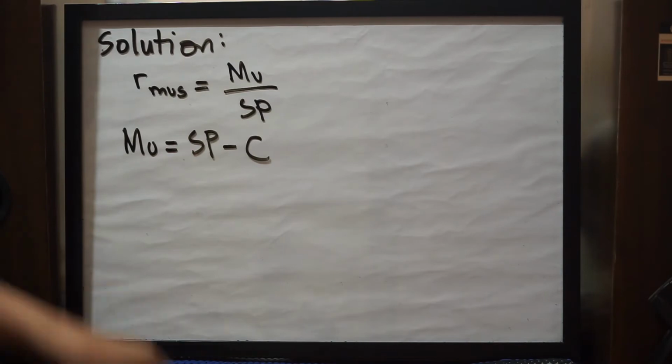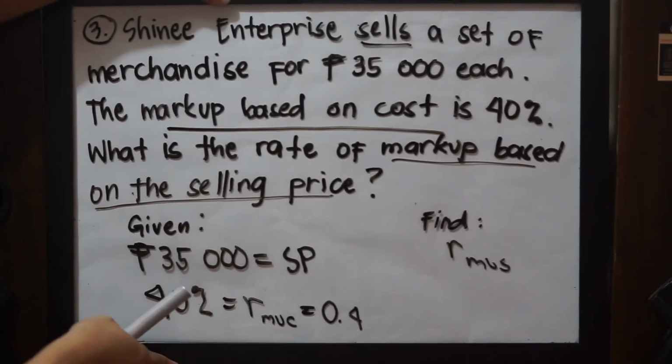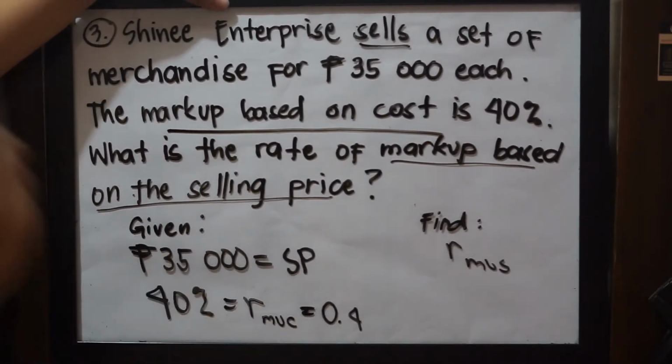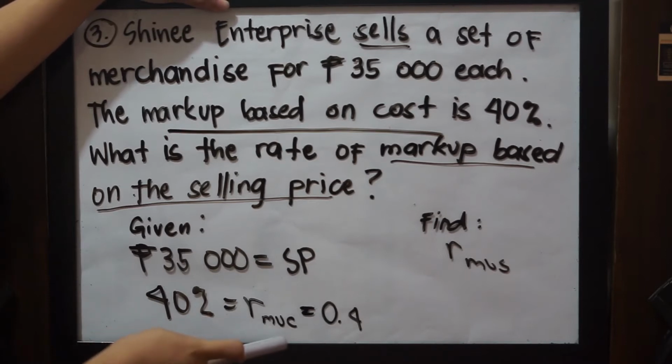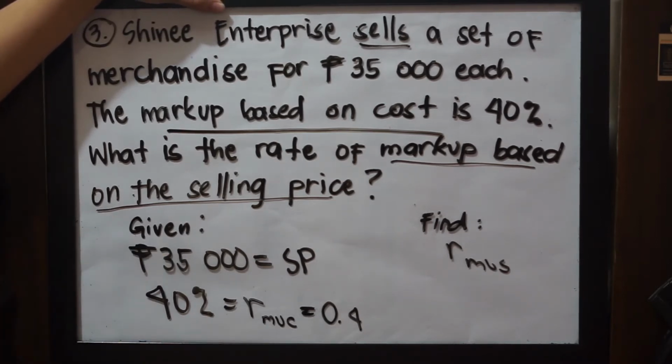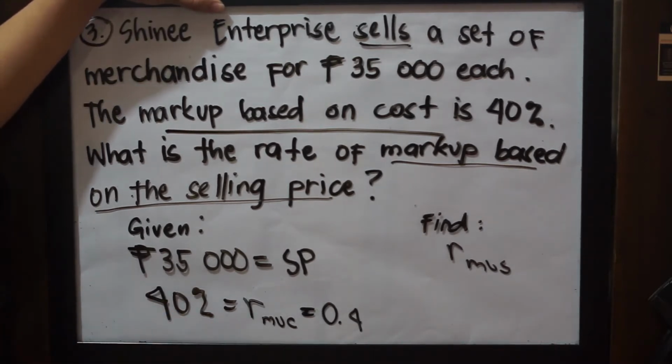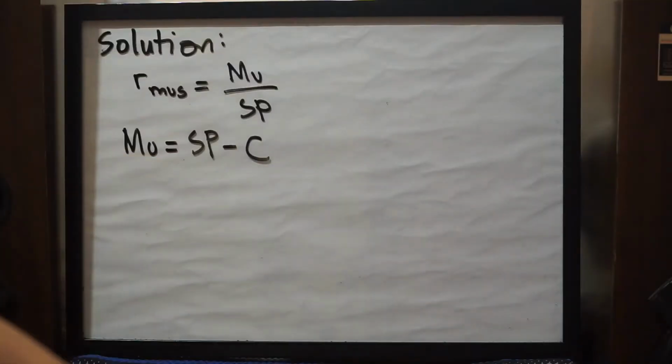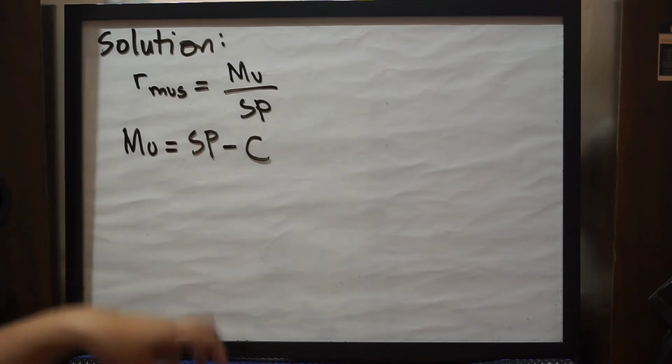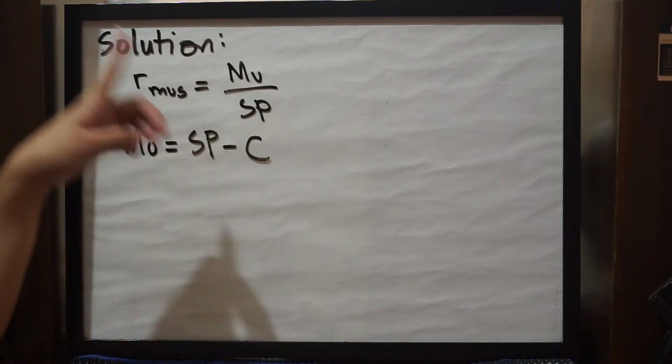So, balikan natin yung given natin. Una, meron tayong selling price. Meron din tayong rate of markup based on cost na 40%. So, balikan natin yung mga formulas natin para sa rate of markup based on cost or markup based on cost. So, dun muna tayo magdi-deal or dun muna tayo magsusolve using those formulas para makakuha tayo ng cost.